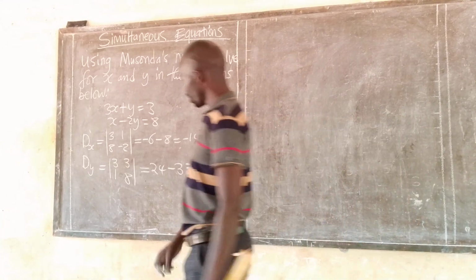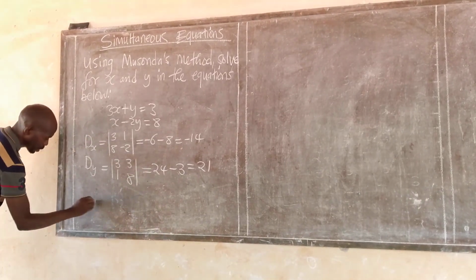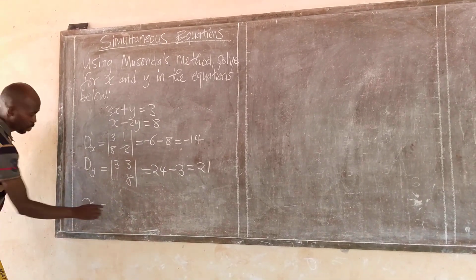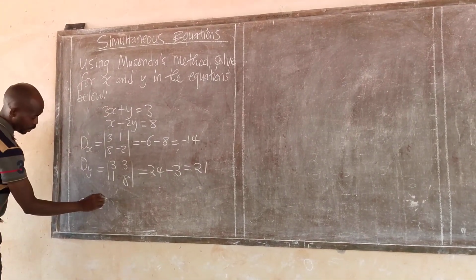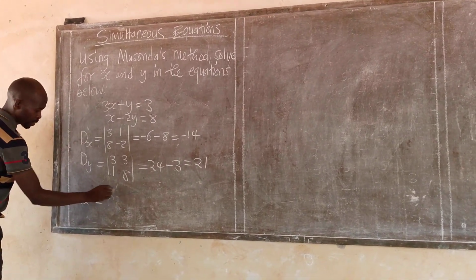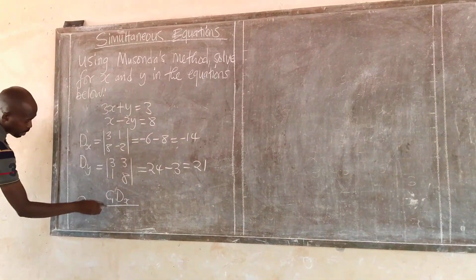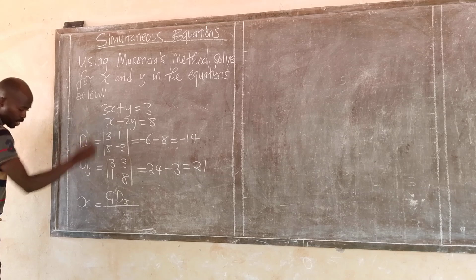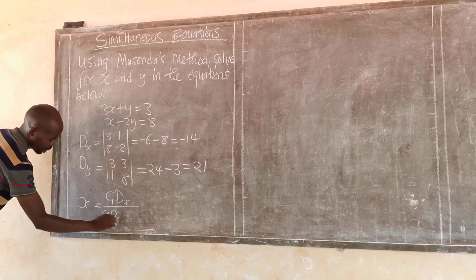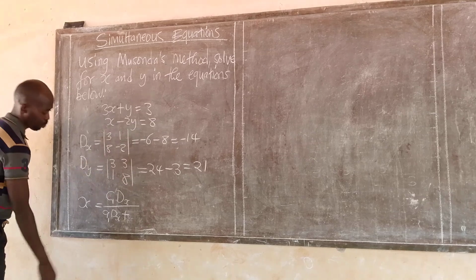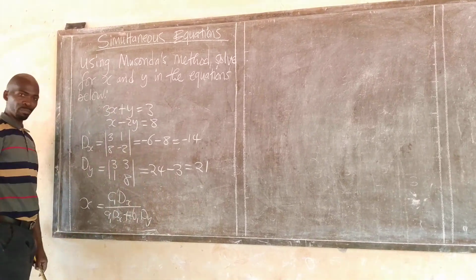So the formula for finding x, if you are using the first equation, will be C1 multiplied with the determinant of x, divided by A1 times determinant of x plus B1, the coefficient of y, multiplied with the determinant of y.